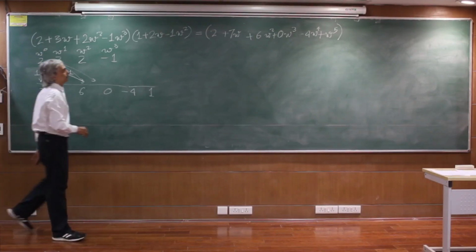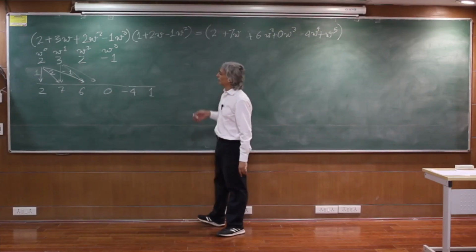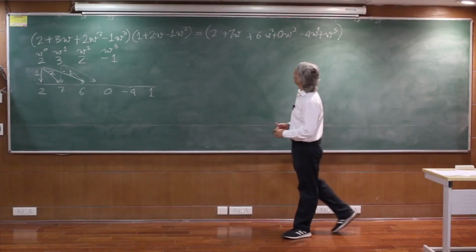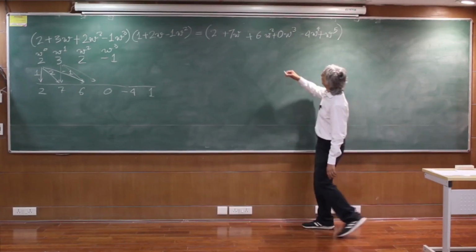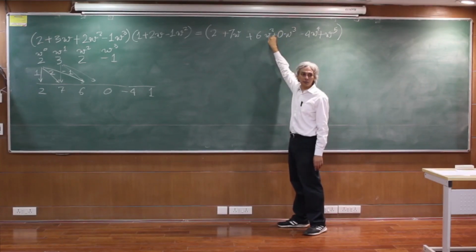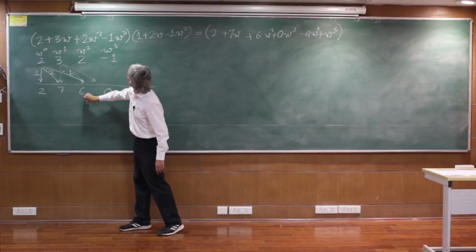Okay? There is an observation right now. You can also think of it from the gathering perspective. So if you imagine how will the W square coefficient come about?